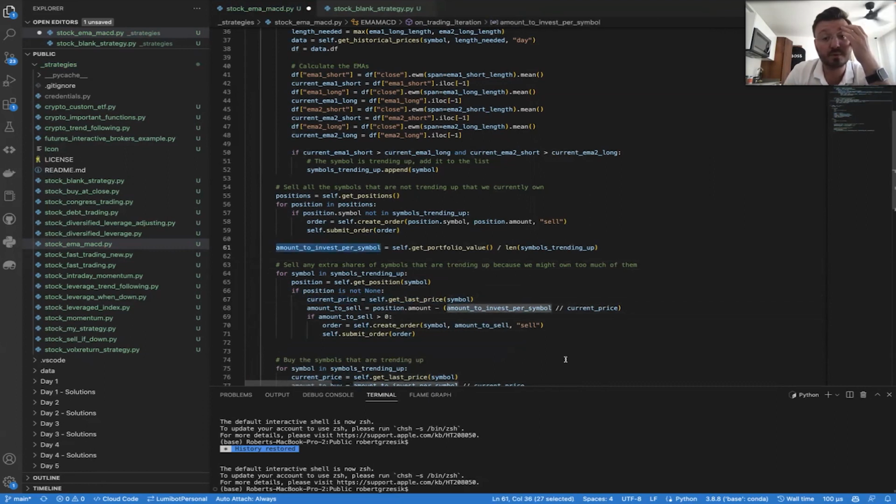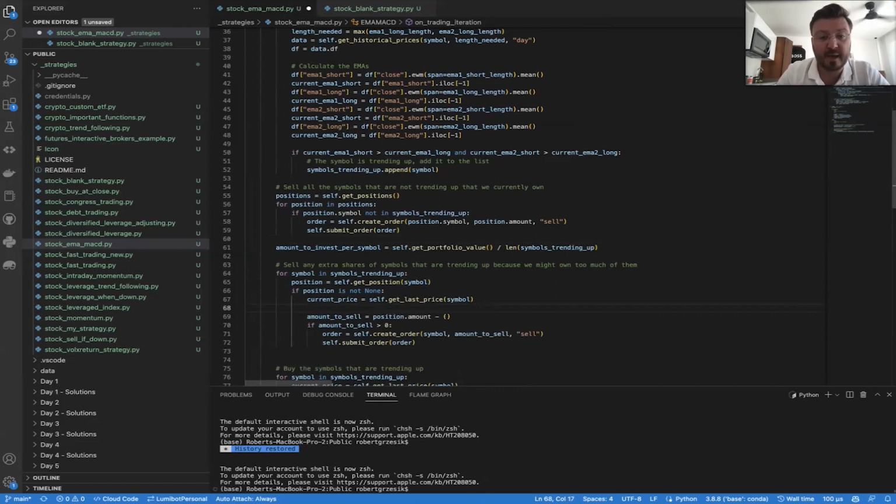That's per symbol. So let's break this up a little bit so it's easier to read. We'll make this quantity we should own.